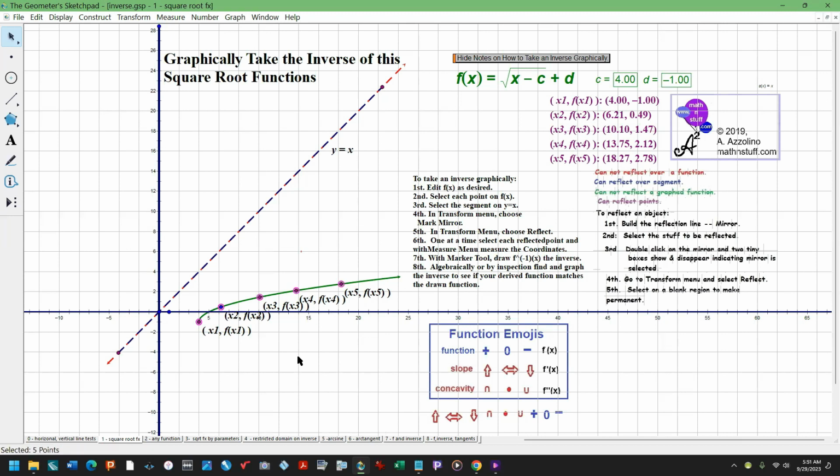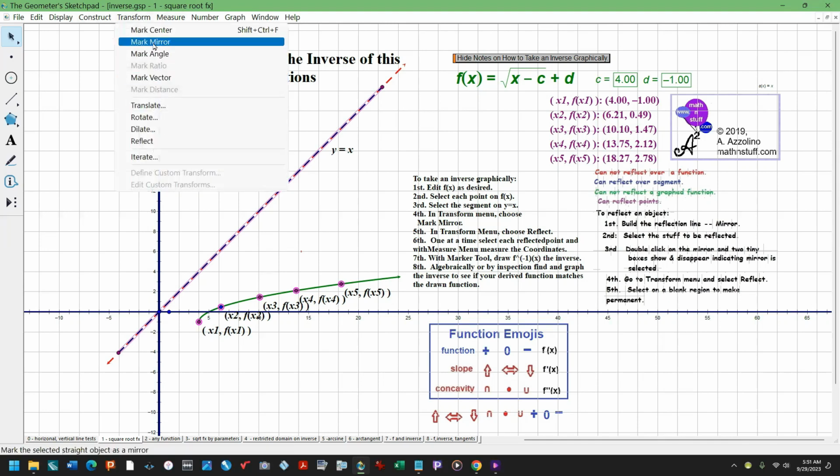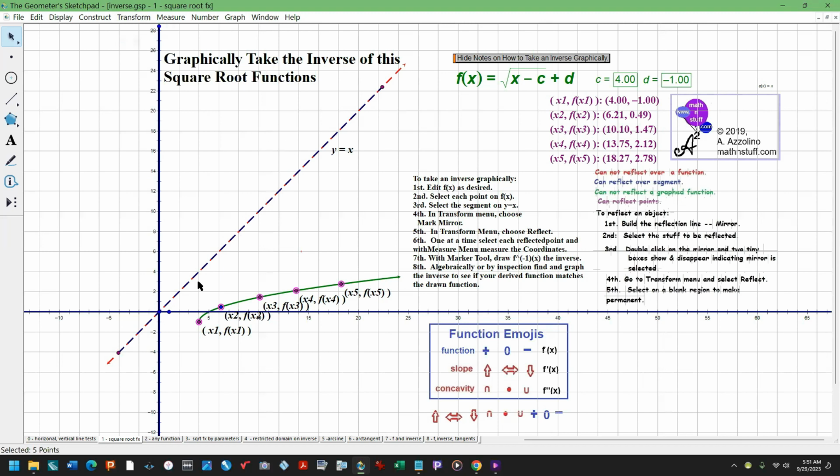And I only have those 5. Select the segment on y equals x. In the transform menu, choose mark mirror, transform, mark mirror, and it clicked it, did it.